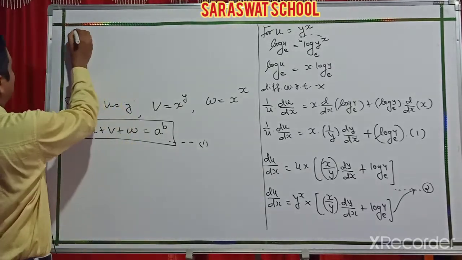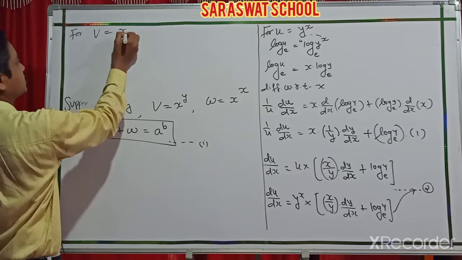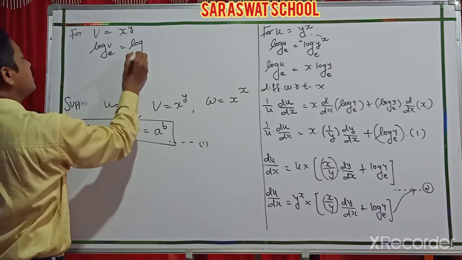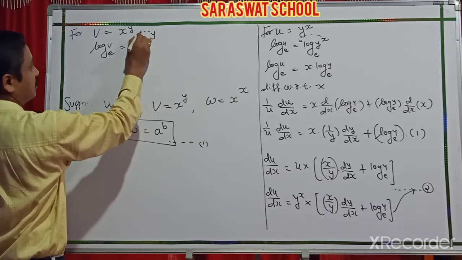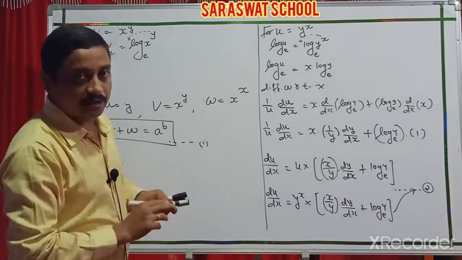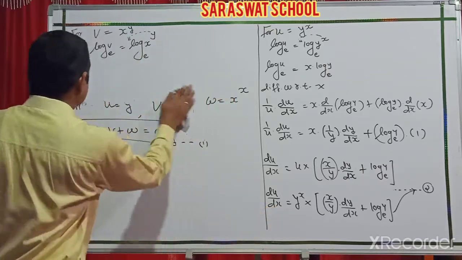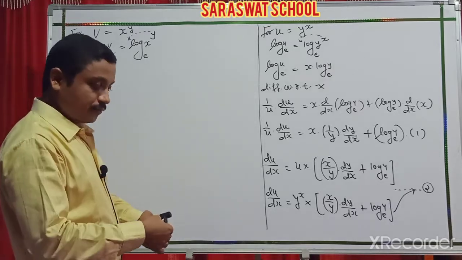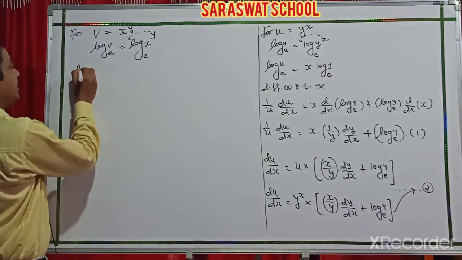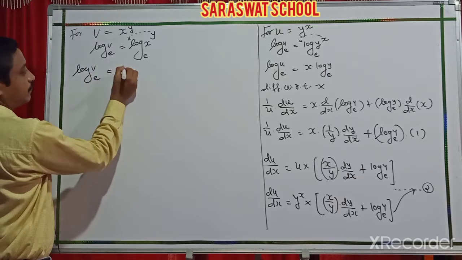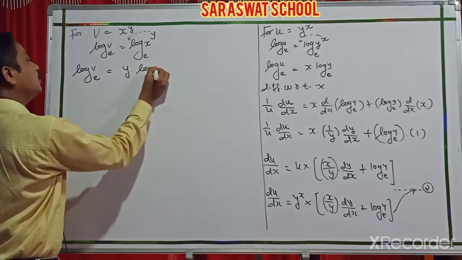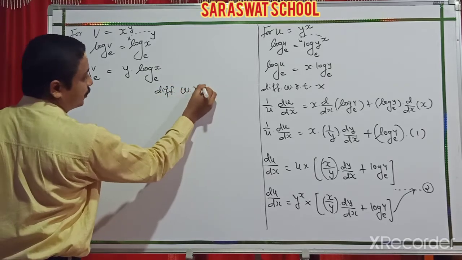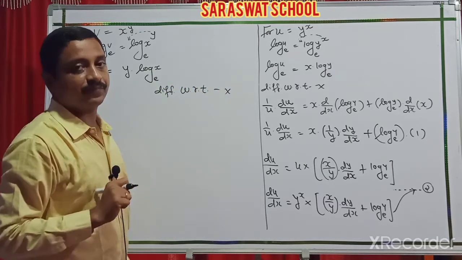So for v equal to x raised to y, apply the same, log to the base e: log v to the base e equals y into log x base e, and start differentiation with respect to x again.